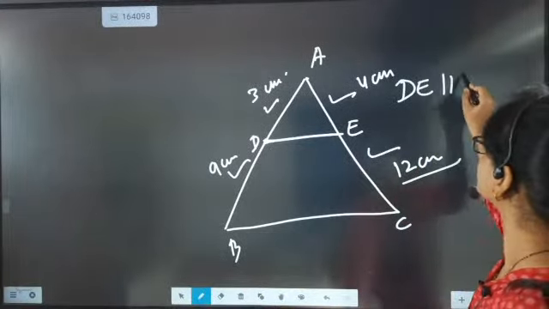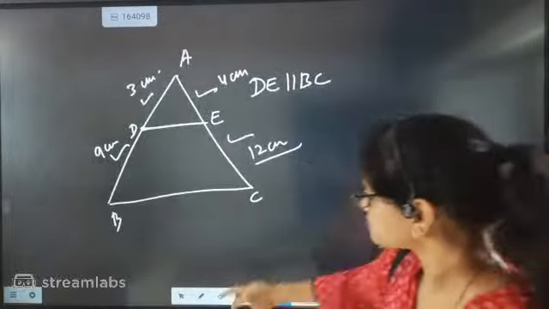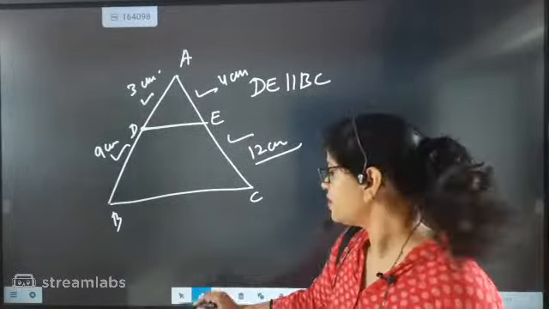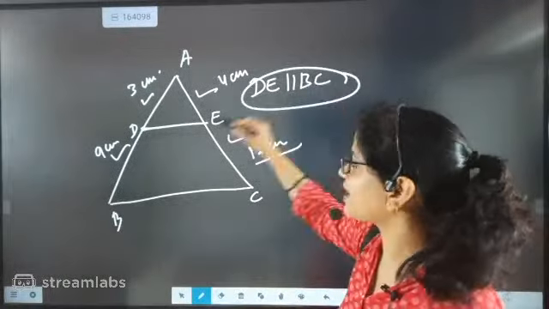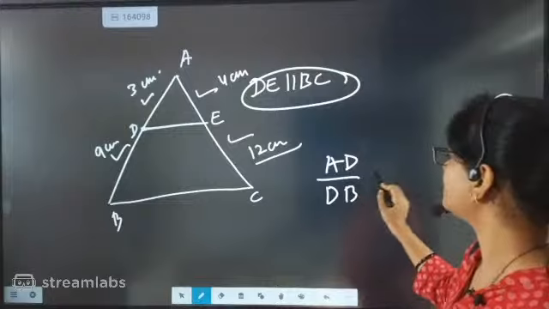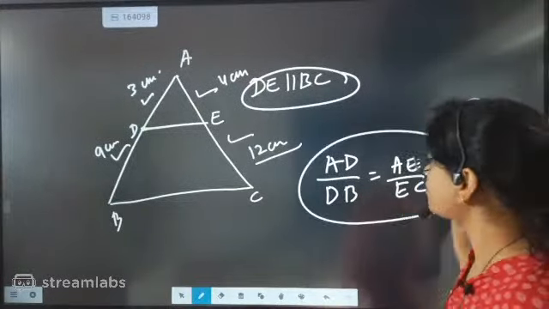Again and again I am focusing on the most important point, beta: DE is parallel to BC. So if DE is parallel to BC, this is BPT. BPT says that if DE is parallel to BC, then AD by DB will be equal to AE by EC. This is the most important thing, beta.